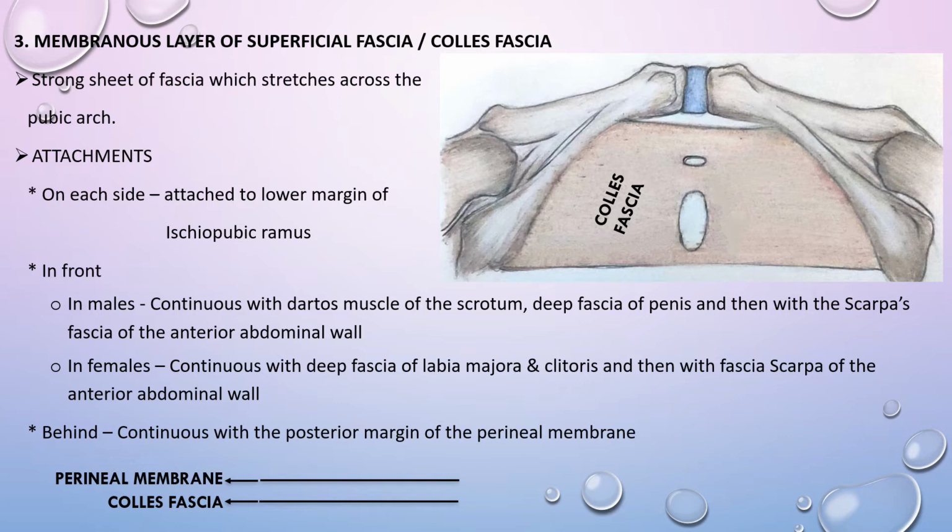If we trace the fascia in females, it is continuous with the deep fascia of the labia majora and clitoris, and then with Scarpa's fascia of the anterior abdominal wall. Posteriorly, the posterior margin of this fascia fuses with the posterior margin of the perineal membrane.